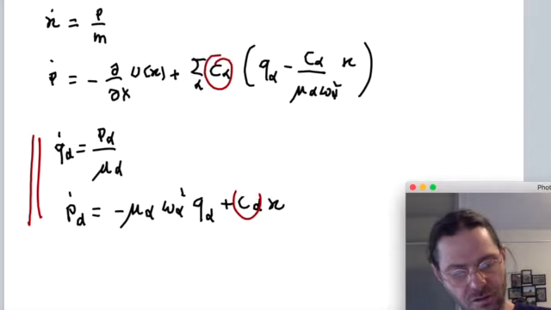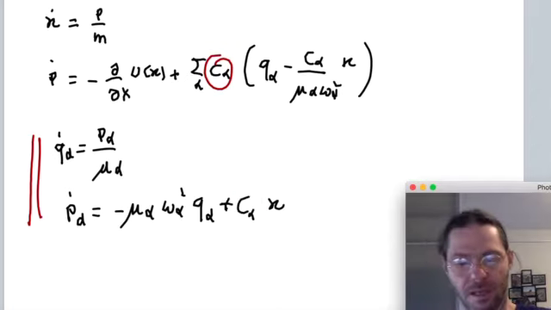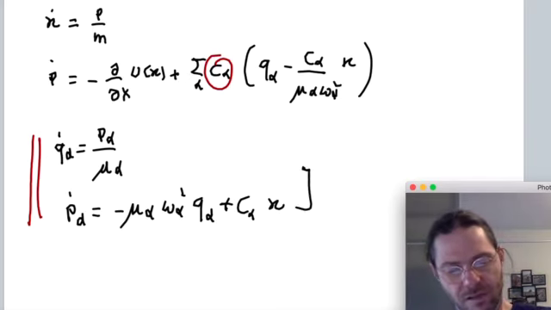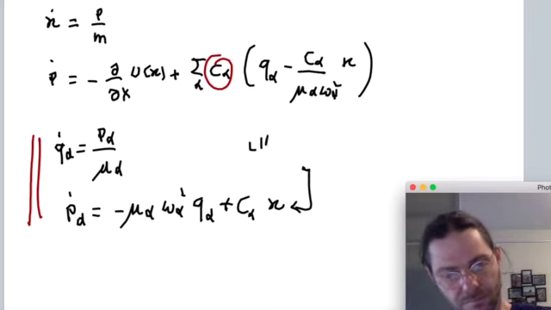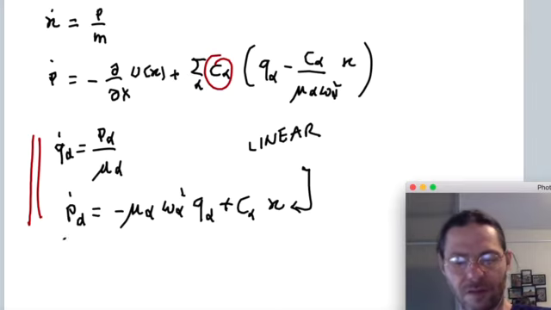So let me just erase this to make it more visible. You see, the main point to be stressed here is that this is a linear equation. It contains my variables, and it contains a source term.